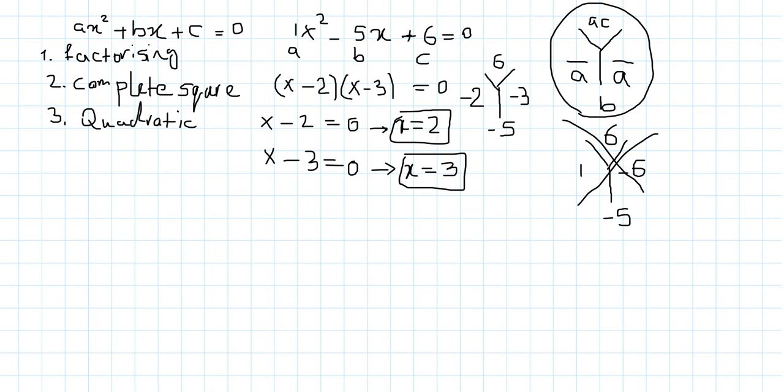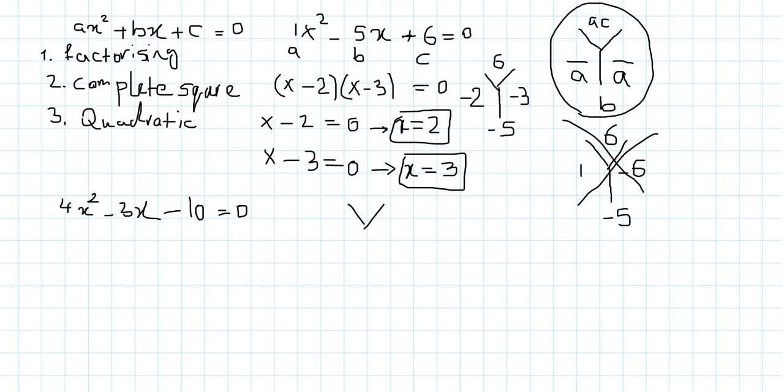Okay, let's solve the next example. It is 4x squared minus 3x minus 10 equals 0. Now let's solve this example by the y rule.